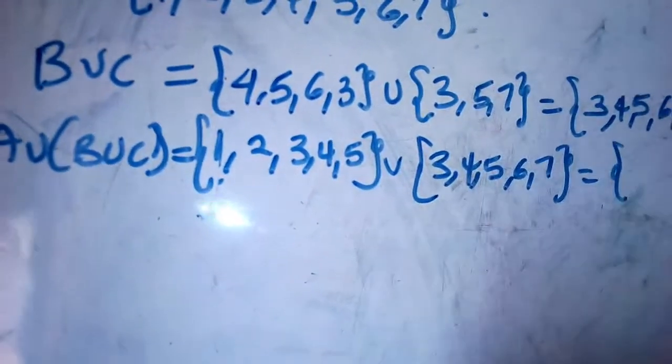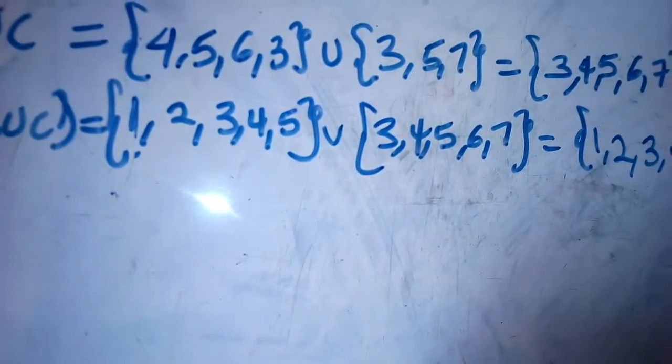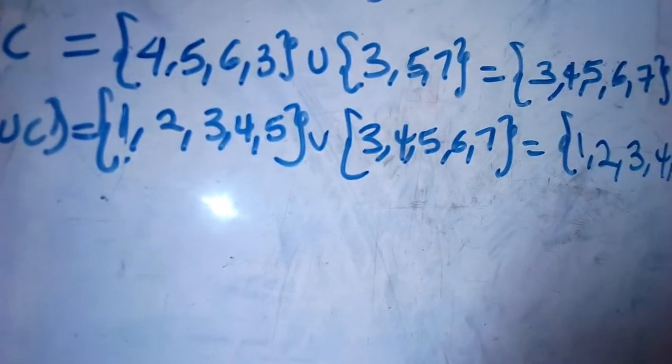So this is going to give us 1, 2, 3, 4, 5, 6, 7. So we have done for this, and now we want to do for this.